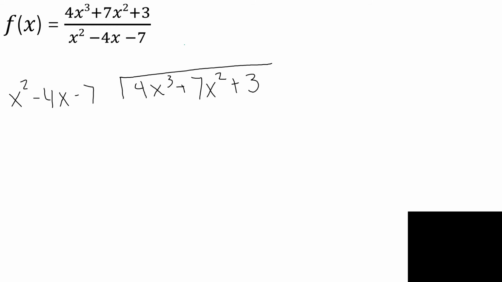And one of the things that I should have done that I did not do, that was really poor form on my part, was under the radical, give myself a space holder for x to the first power. We're missing that. And that's kind of important right now. So we said that 4x cubed divided by x squared is 4x.